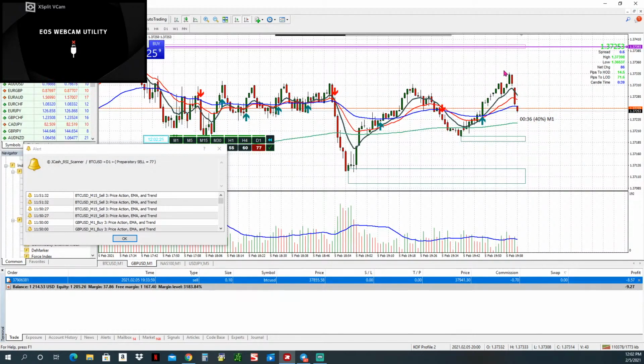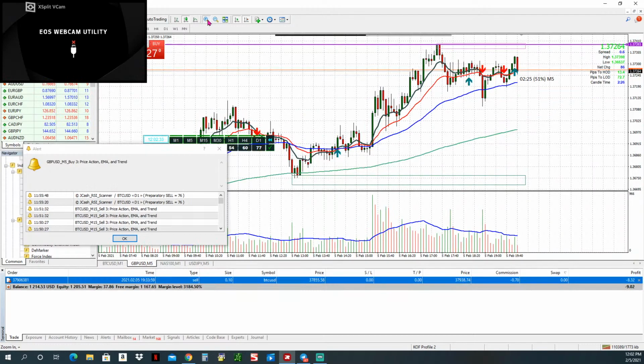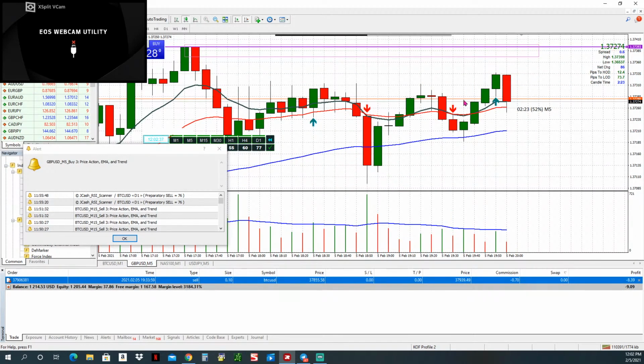Might be in some drawdown if you took that buy, but you're gonna go back up. Let's look to the 5-minute chart and see what it's trying to respect. We still got 2 minutes left on this chart. Still on the trend line.